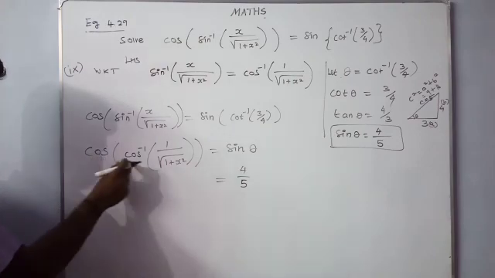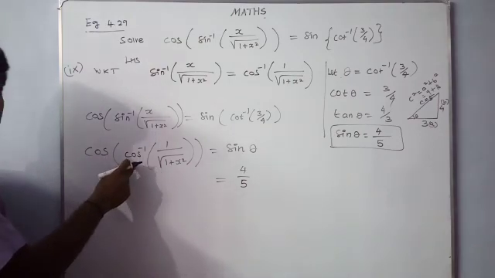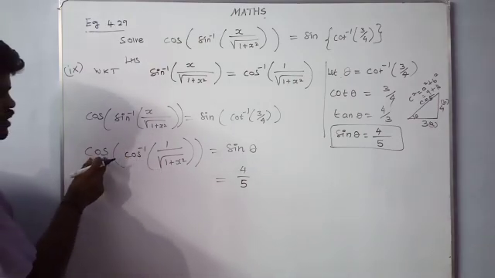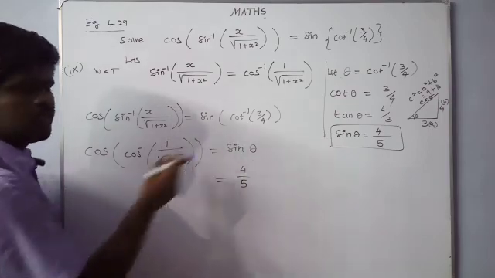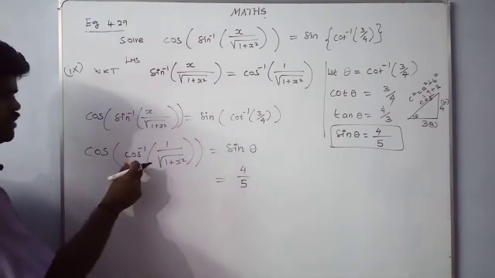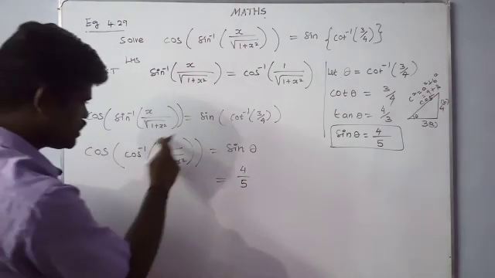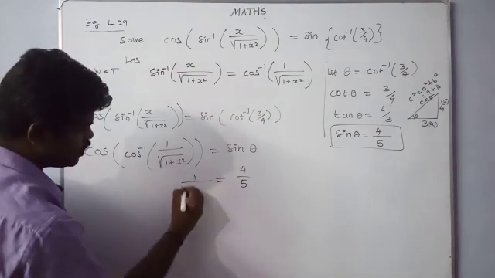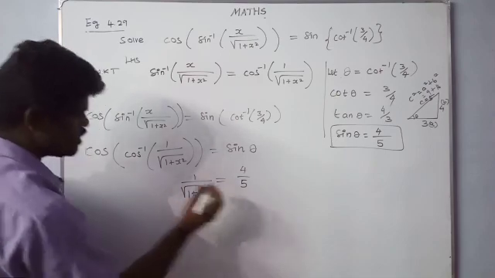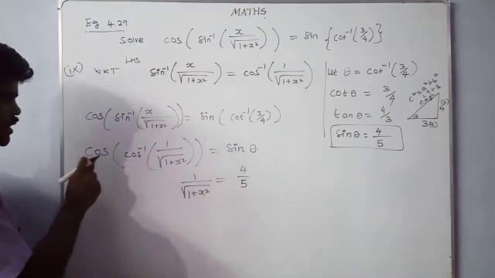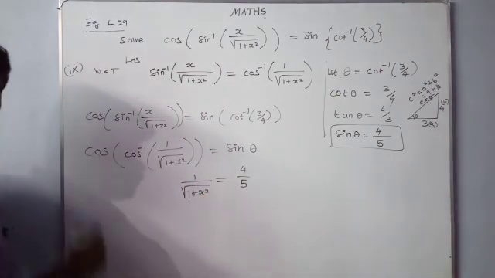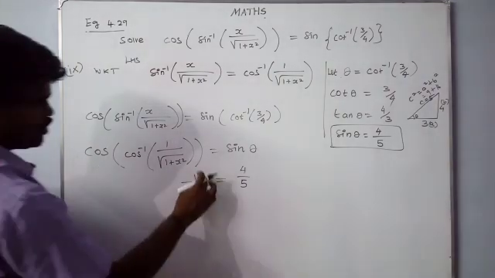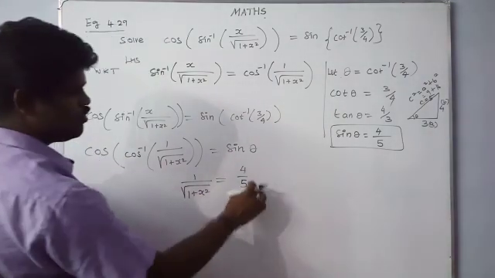Here we want to apply the property number 2: cos of cos inverse of x is equal to the x value only. Here x value is 1 by root of 1 plus x square. Simply we can understand cos and cos inverse cancel.